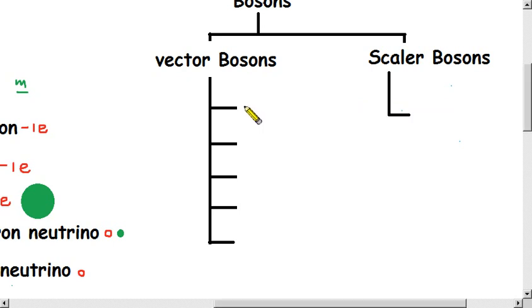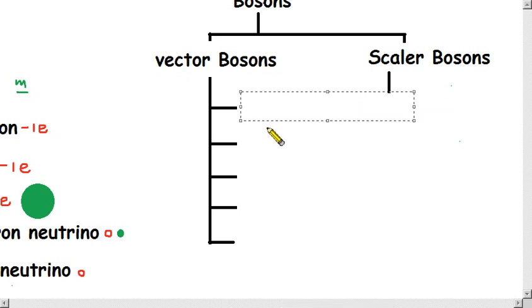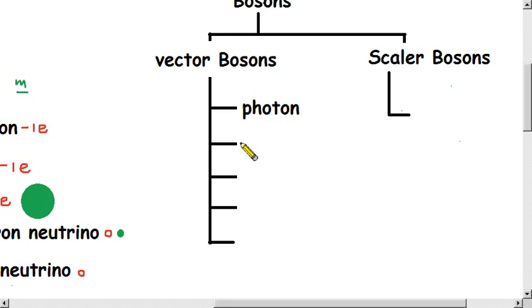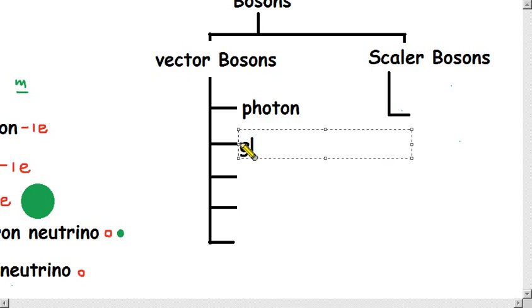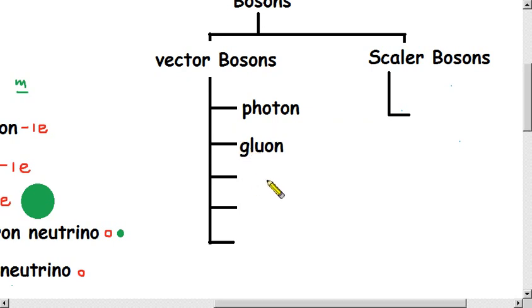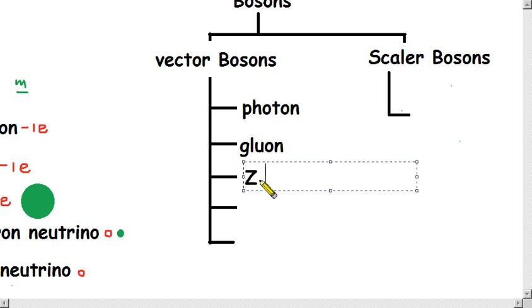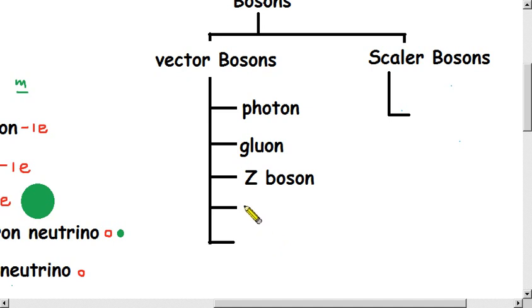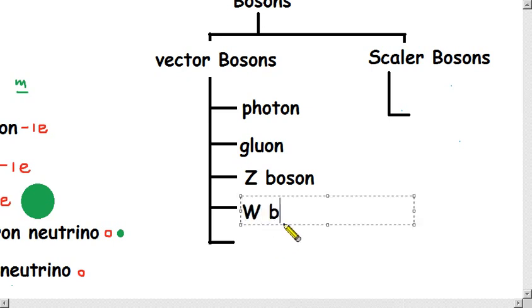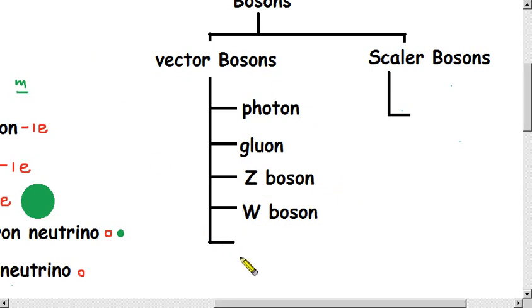The first one is photon. The second one is gluon. The third one is Z boson. The fourth one is W boson. So there are 4 vector bosons.